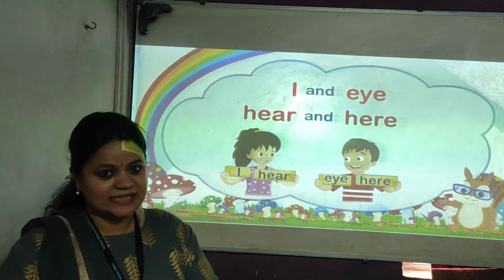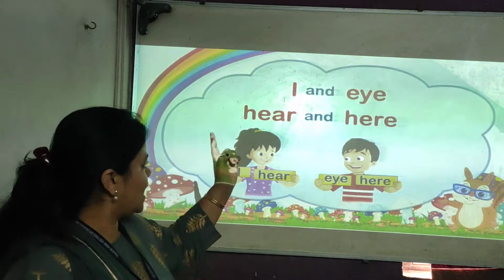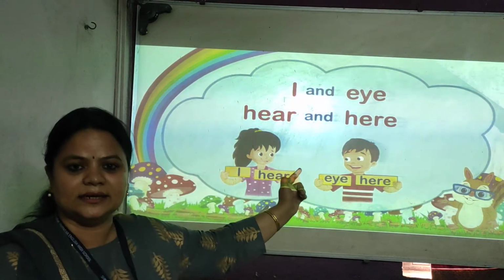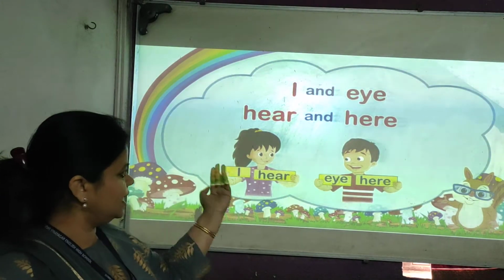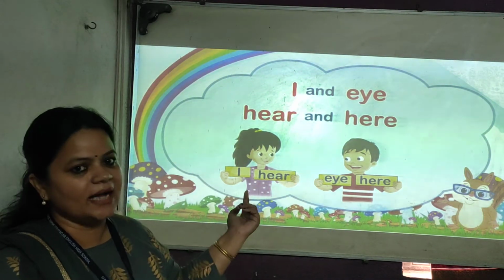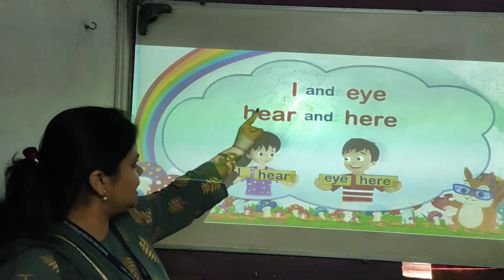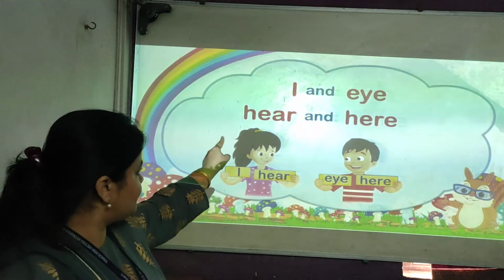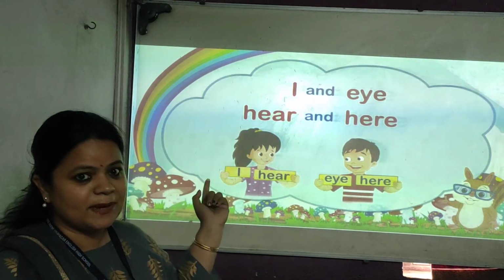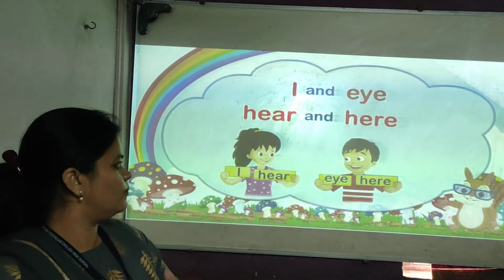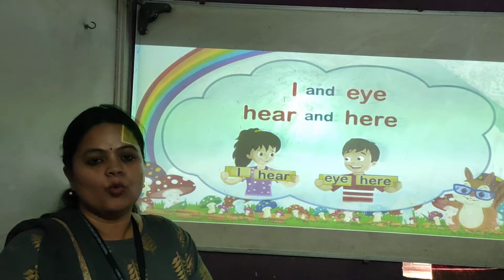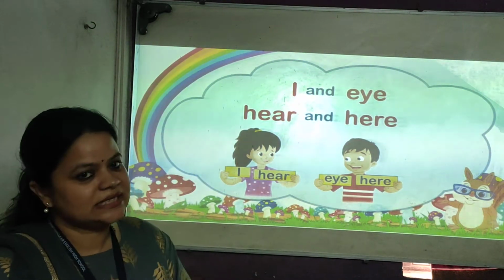It sounds the same. Yes or no? But can you see that the words have the same meaning? Are they the same spellings? No. So today's topic is words that sound the same.